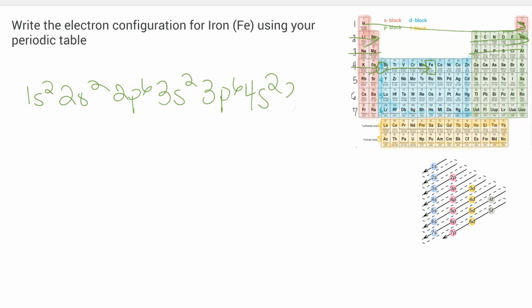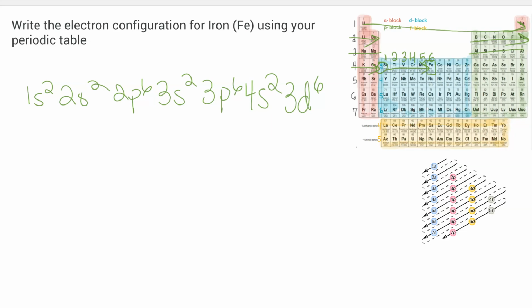So 3d6, and just to double check, it's 1, 2, 3, 4, 5, 6 over. So yes, it is ending in 3d6. Does anyone have questions on that? Okie dokie. We're looking good here.